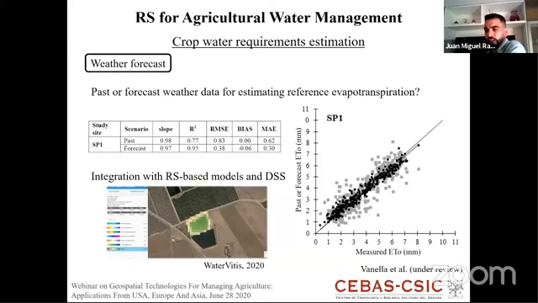These results open new perspectives, advising the implementation of forecast data into remote sensing-based models, and also into decision support tools for irrigation scheduling and management, particularly where ground-based weather data are scarce and sparse.